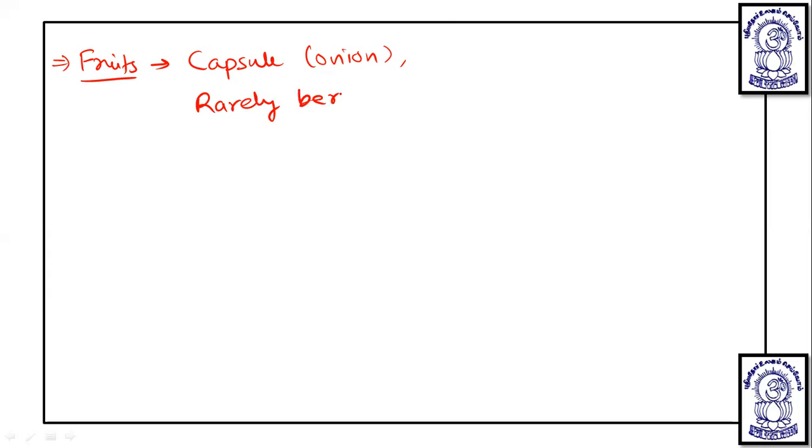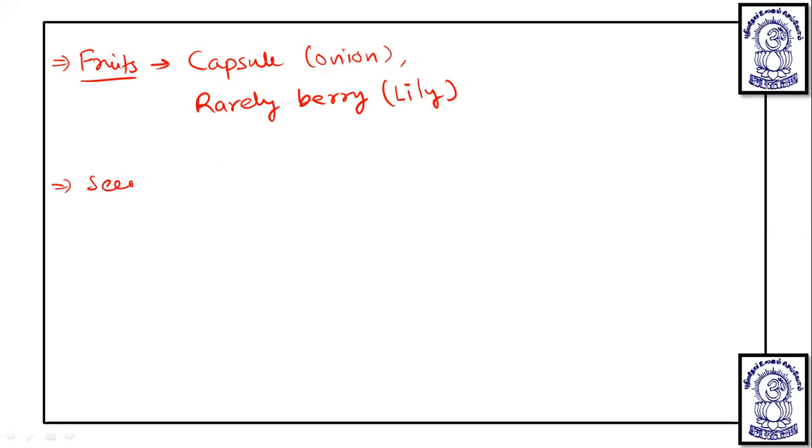Then, if we talk about the fruit, the types of fruits found in this family are capsule, which is found in onion, and rarely berry type of fruit, which is found in lily.